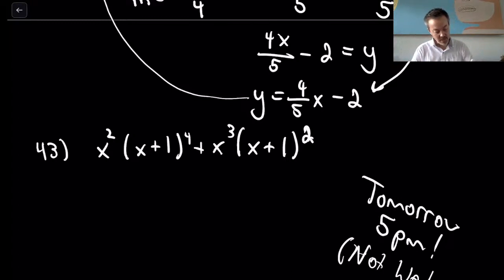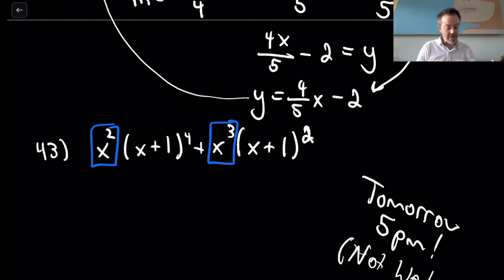So in this case, I notice I've got an x to the second power, and I've got an x to the third power. That's good. That means I can factor out a power of x. Now notice I also have x plus 1 in parentheses to a power. I've also got x plus 1 in parentheses. So I've got the same thing.